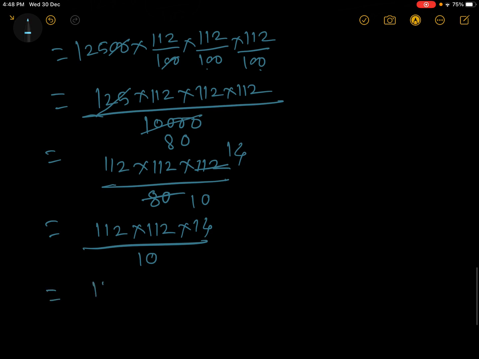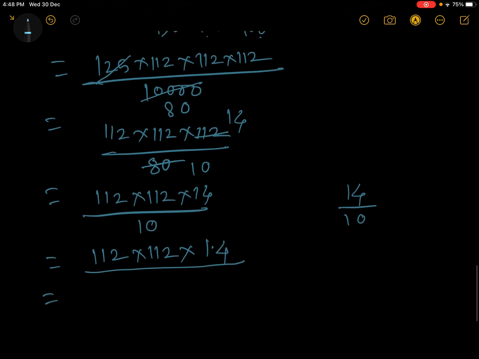The next simplification is 112 into 14 upon 10. 14 upon 10 we get 1.4. Then multiplication of these three terms is equal to 17561.60 rupees.